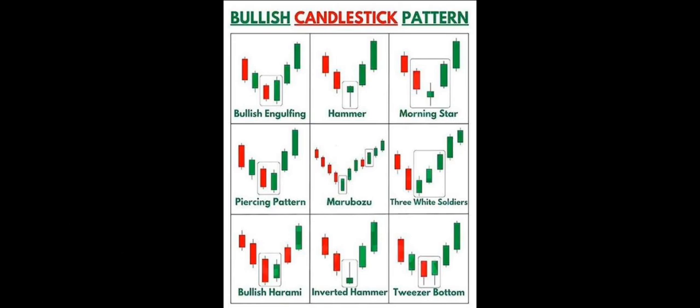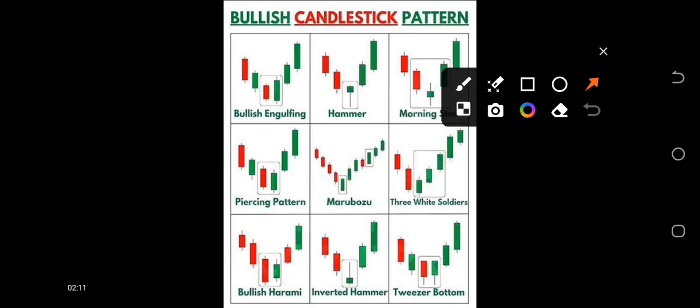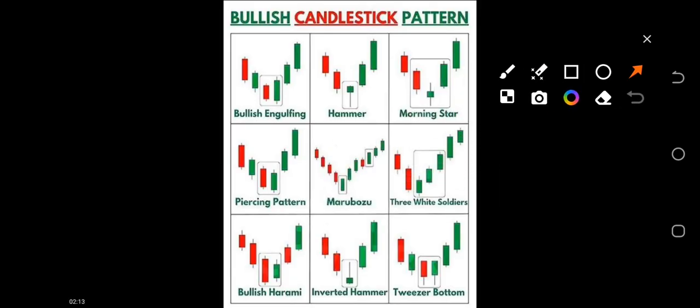The first one we have is a bullish engulfing candle. When we say something has engulfed another thing, it means it has overshadowed it, it has covered it.